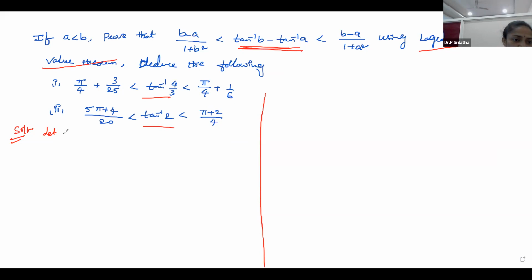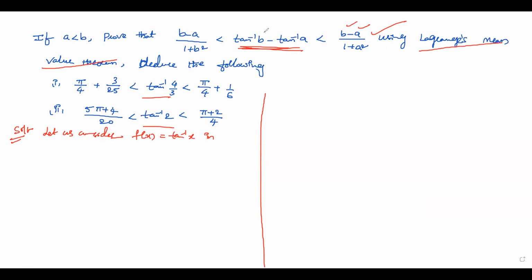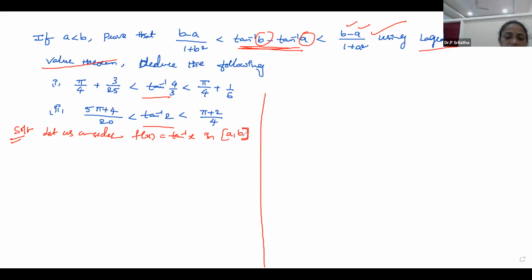Now let us consider, by the question, the function f of x equal to tan inverse x. What about the limits? The limits are a comma b.